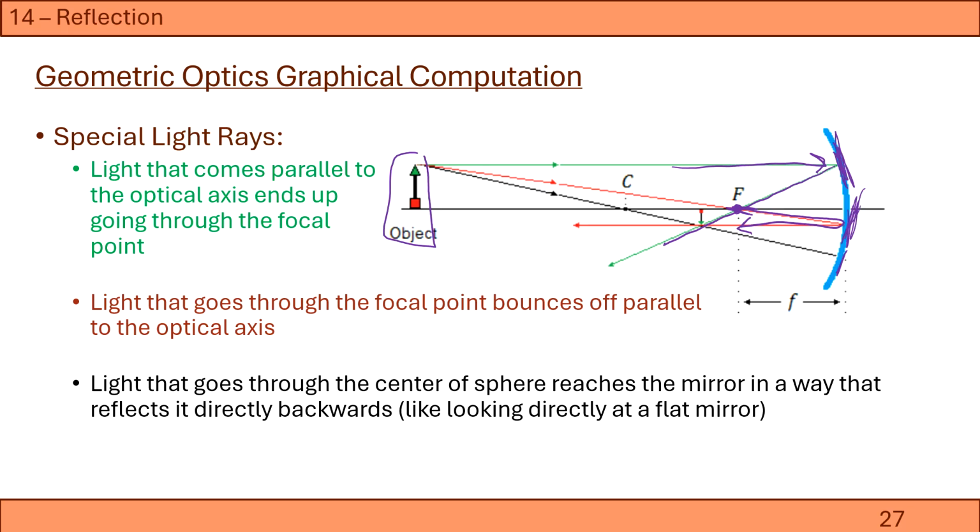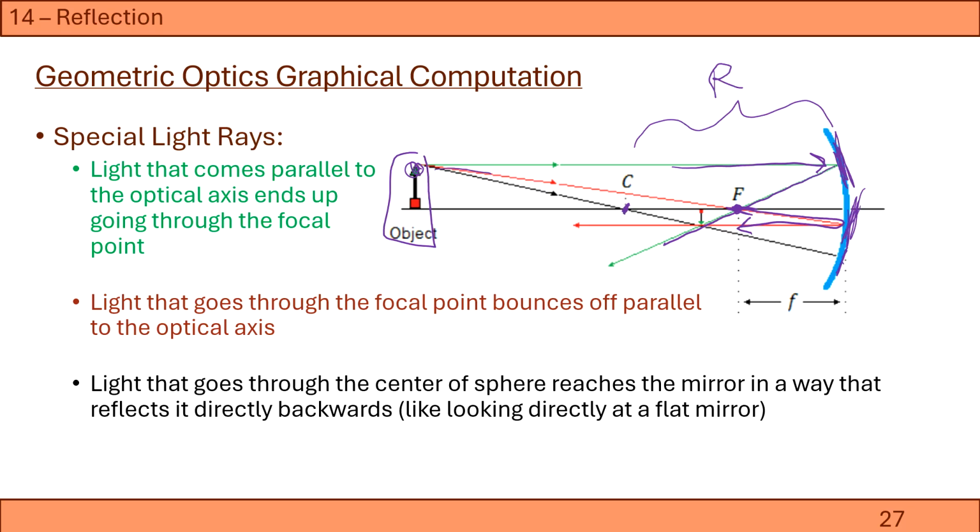And so once again, out of the infinite light rays coming from this triangle, one of them is going to be very perfect and it's going to go through the focal point and leave parallel. One more line to consider here. Light that goes through the center, if you think of this giant sphere here where this is R, is going to hit the mirror.